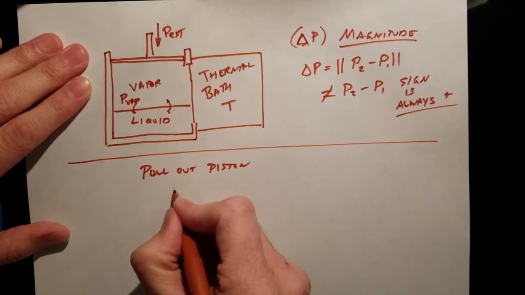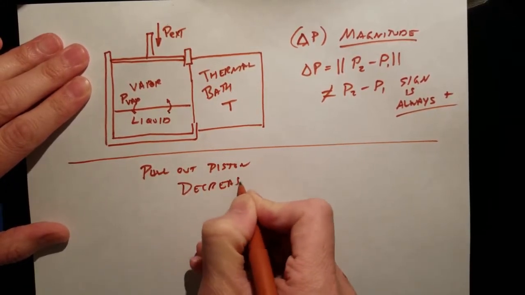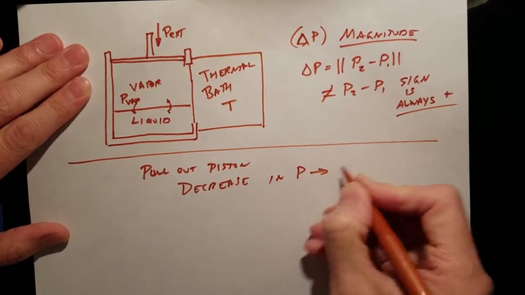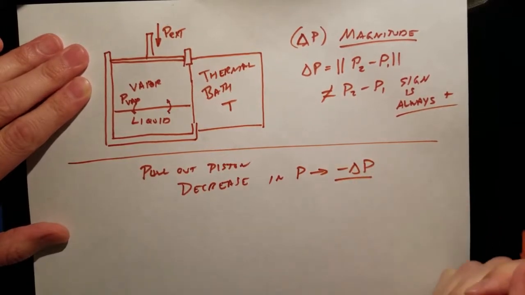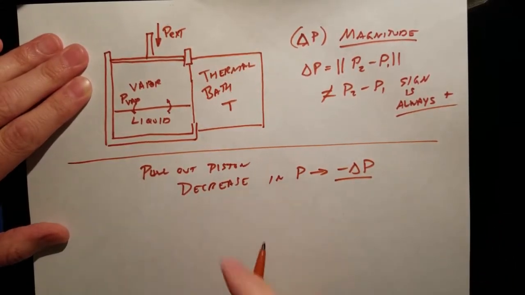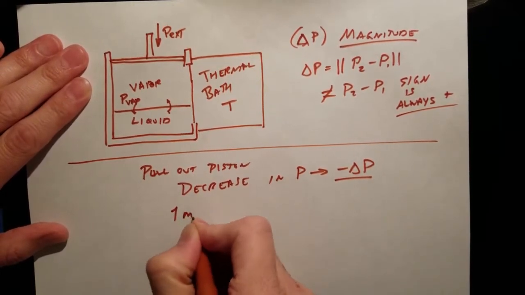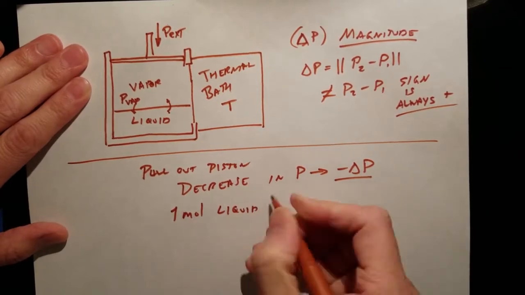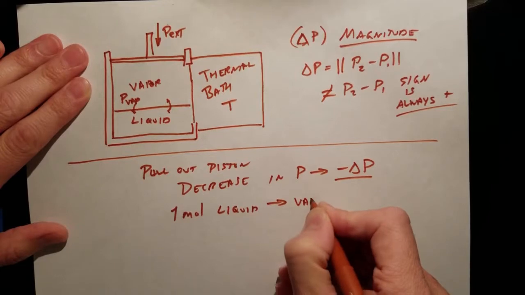So this causes a change in P, and that's by negative delta P. And for a certain amount, let's say that 1 mole of liquid transforms into vapor.